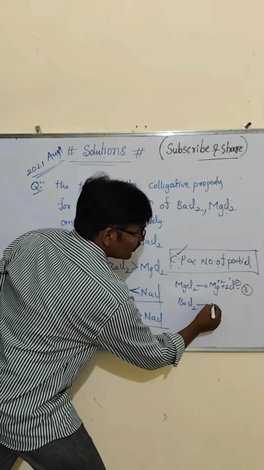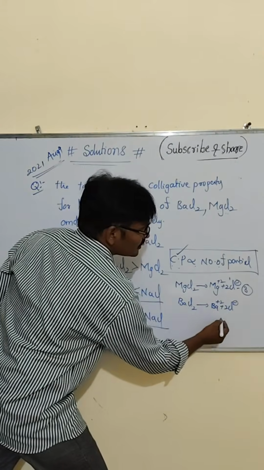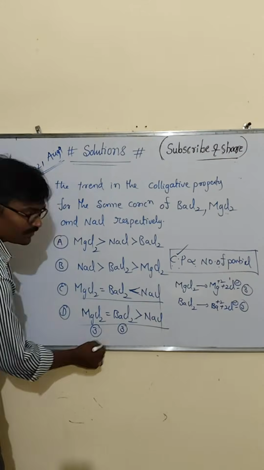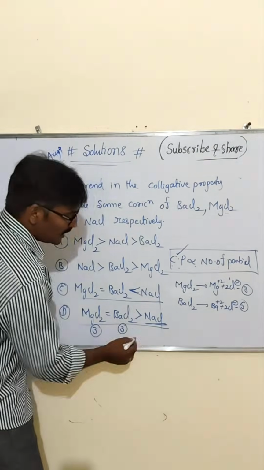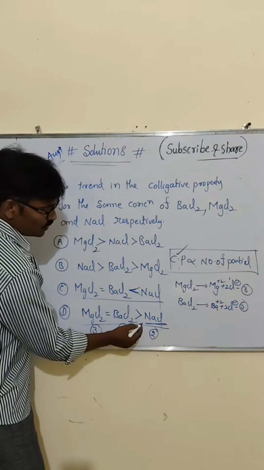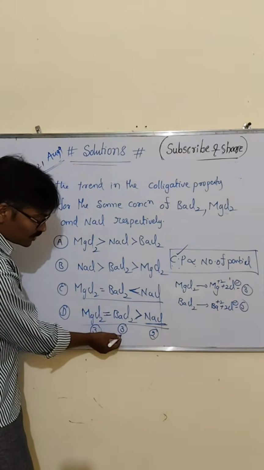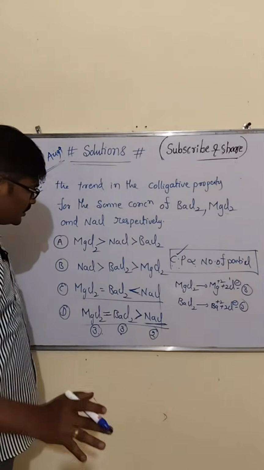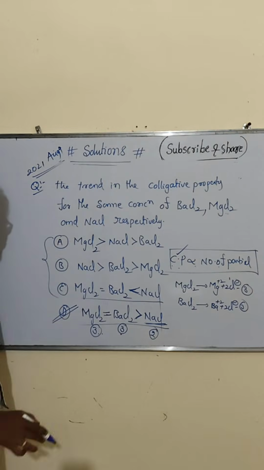BaCl2 also, Ba2+ and 2Cl-, the number of particles is 3. Then NaCl contains Na+ and Cl-, only 2 particles. So both are equal because both have the same number of particles.